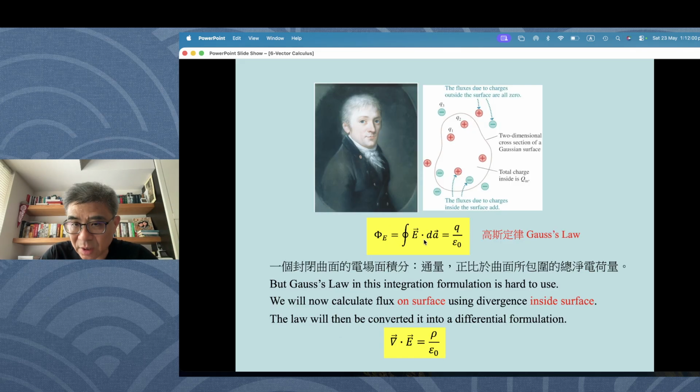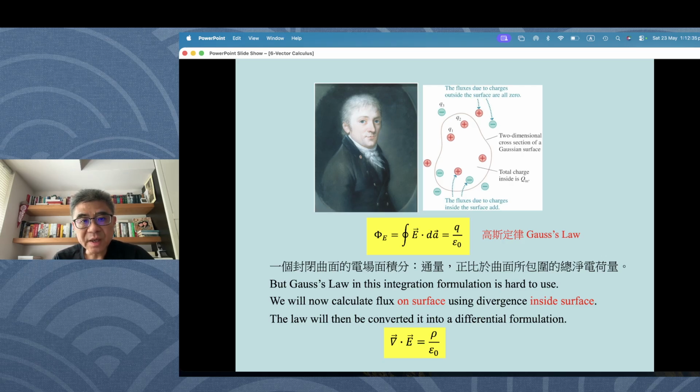Putting the logic in reverse, we arrive at Gauss's law in integral formulation. That is, the electric flux, defined as the surface integral of the electric field over a Gaussian or closed surface, equals the enclosed electric charge Q over epsilon 0. It is a very beautiful physical theorem, and of course the foundation of the Maxwell equations.